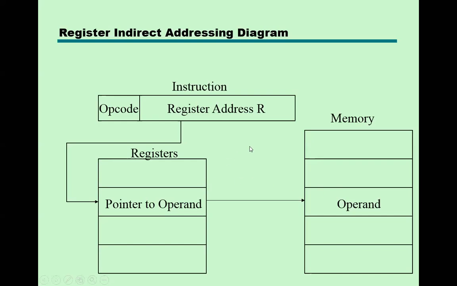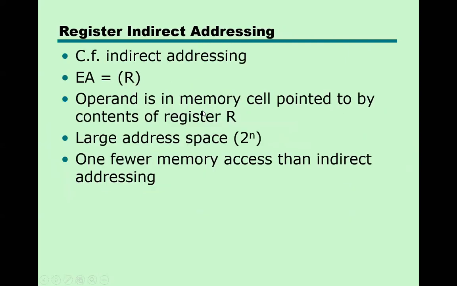So here both the registers as well as memory are involved. First your instruction points to the register, and from the register you get the reference address of the memory. In this way your operand can be accessed and returned to the processor while executing an instruction.